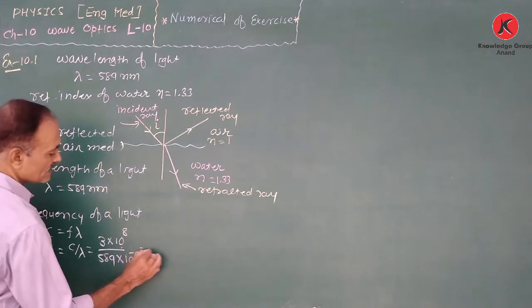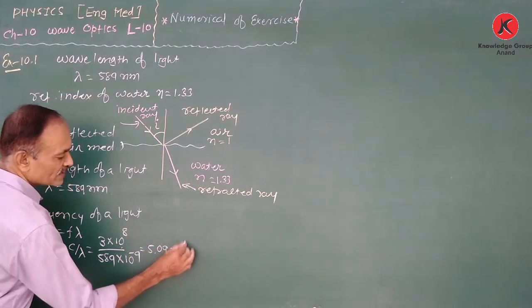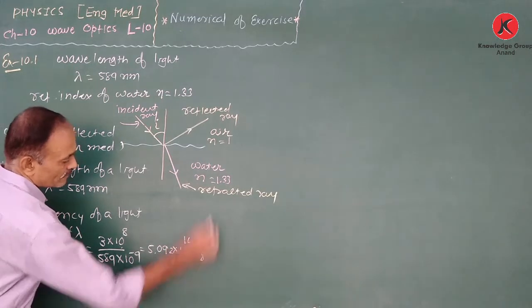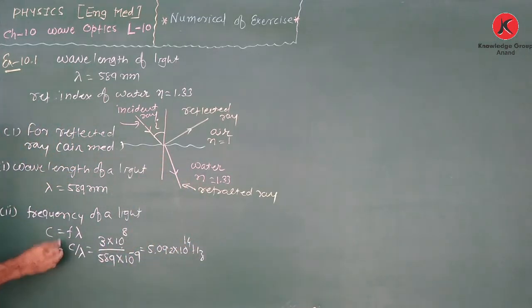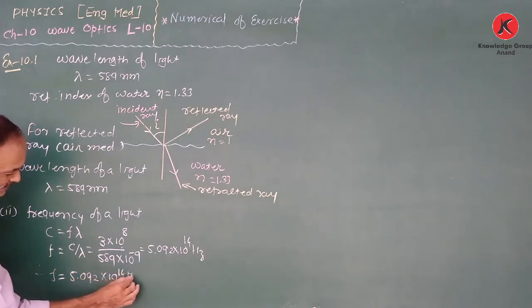Therefore, the frequency is 5.092 into 10 to the power 14 Hertz. Therefore, the frequency of the reflected wave in the medium is f equal to 5.092 into 10 to the power 14 Hertz.